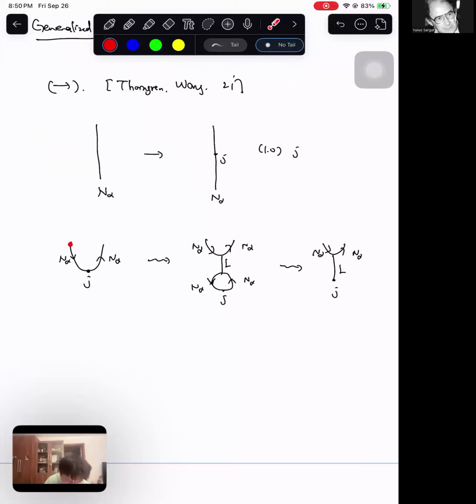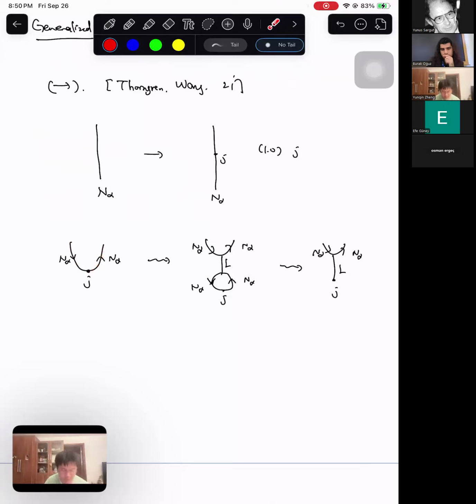In the special case when N alpha is invertible, this L must be the identity, because N alpha times the orientation reversal of N alpha must be 1, so that this channel can only be the identity. Which means that this bubble is isolated from the rest of the diagram, and you get a local current. That reproduces the ordinary conventional Noether theorem: the invertible symmetry gives the ordinary local current.